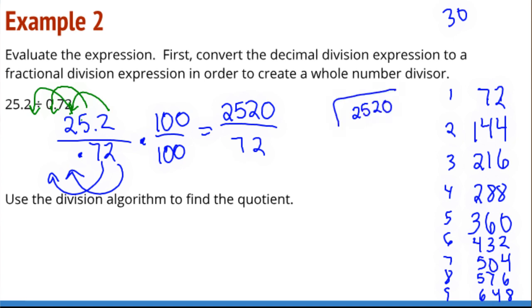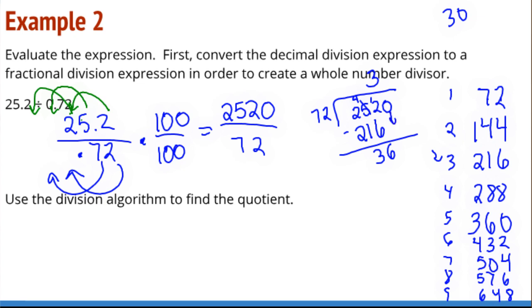2,520 divided by 72. The 2,000s get kind of messy if I do that. 25 hundreds gets kind of messy if I do that. 252 tens. That works pretty well. It looks to me like I will use the 3 here. And 3 times 72 gives me 216 tens. And I'll subtract. 12 minus 6 is 6. 4 minus 1 is 3.